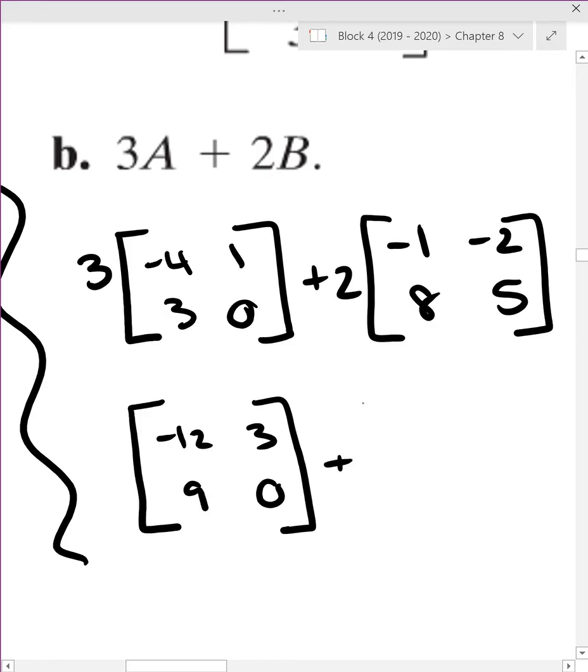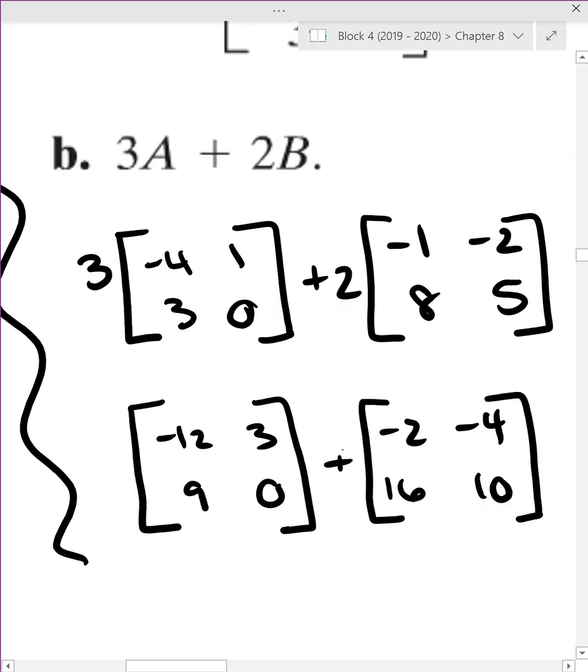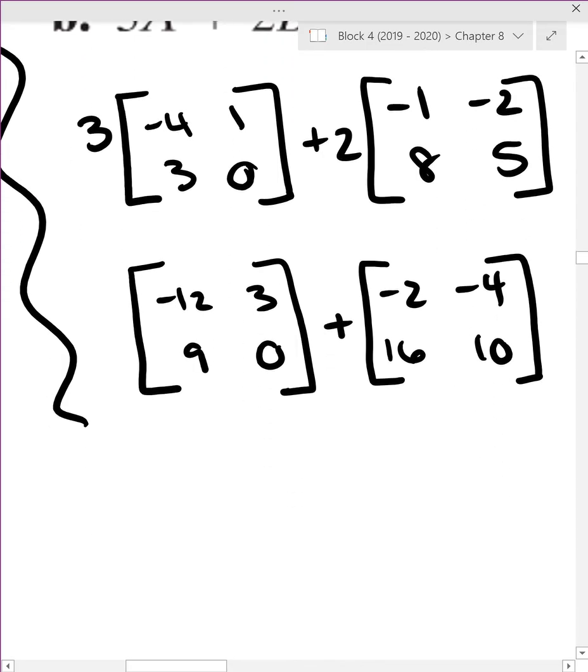And then I'll multiply the 2 into the B, and negative 2, negative 4, 16, and 10. And now that I have multiplied, I can do the addition. Your final answer will be negative 14, negative 1, 25, and 10.